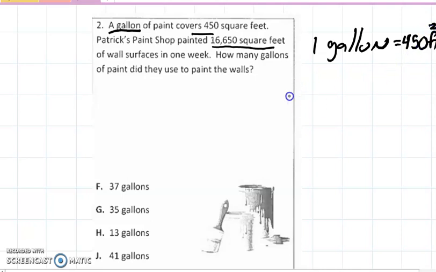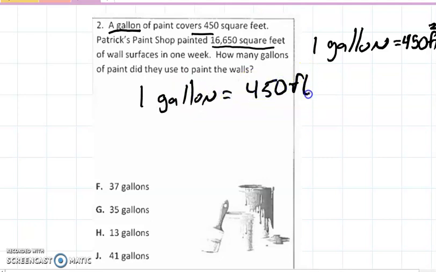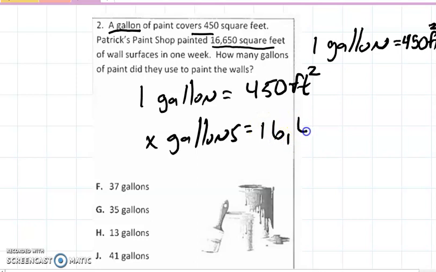So I'll just put it on this side. 1 gallon equals 450 square feet. Okay. Well, he used X amount of gallons, X gallons, and he painted 16,650 square feet.